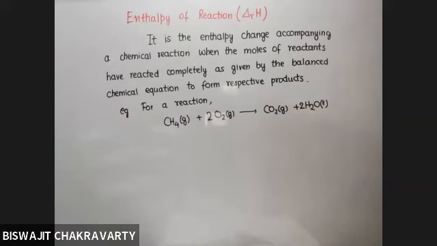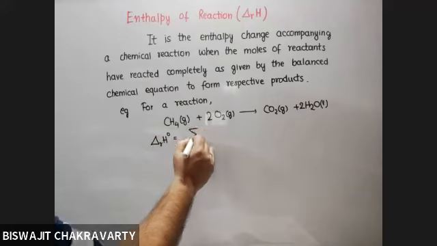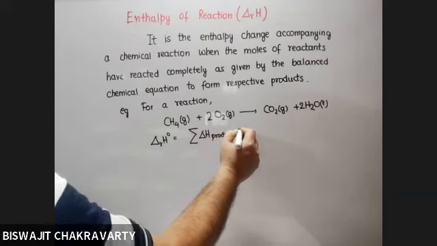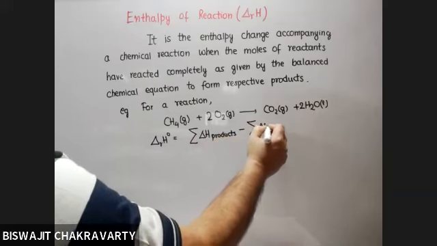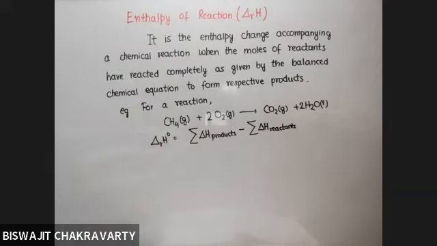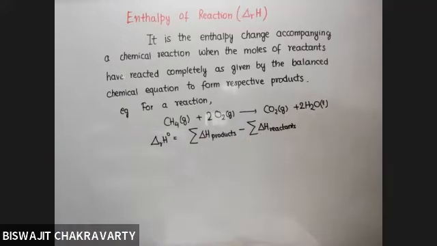So if you are to write the expression for the enthalpy of reaction for this reaction, we write delta rH degree is equal to sigma of delta H of products minus delta H of reactants. Sigma stands for summation. Summation means addition. So when we write the delta H associated with formation of each and every substance, products have carbon dioxide and water.